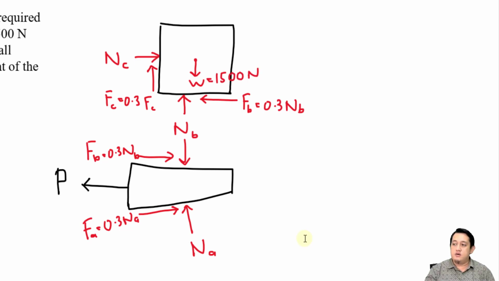Okay everyone, now we've already done drawing the free body diagram of the crate and also the wedge. So how to find P here?